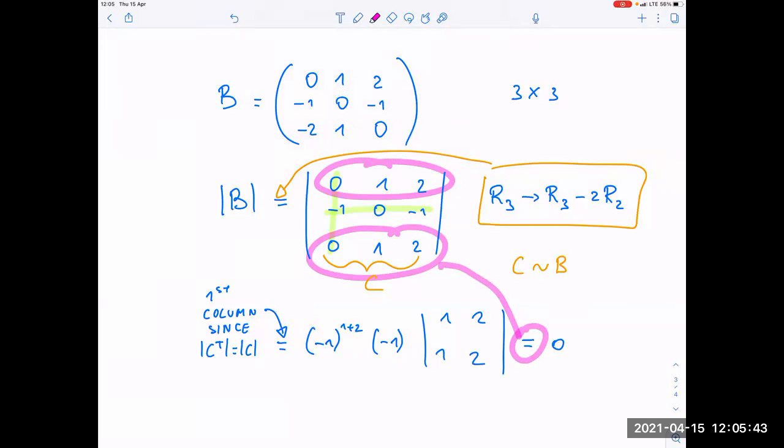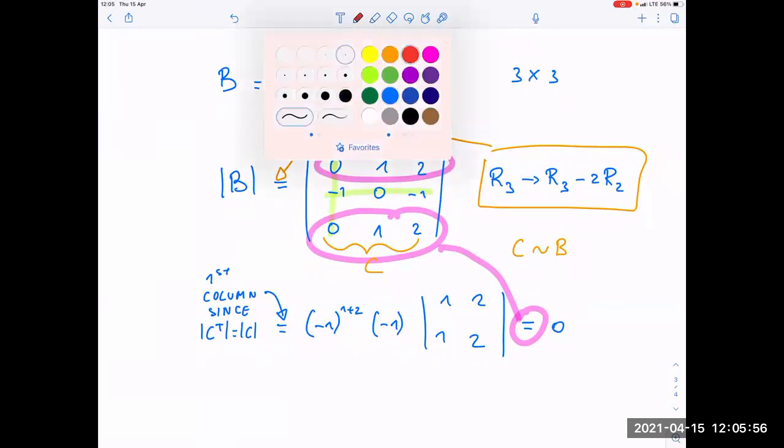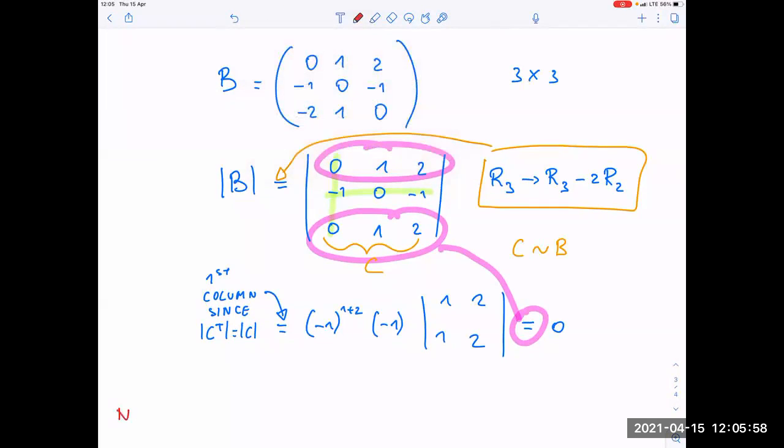And the fact is that whatever you do with your skew-symmetric matrix, it is always going to be like that. And what is the trick here? What is the note we want to make?